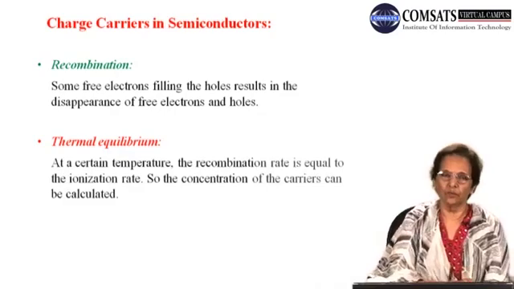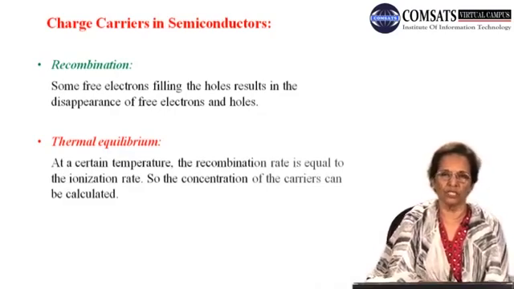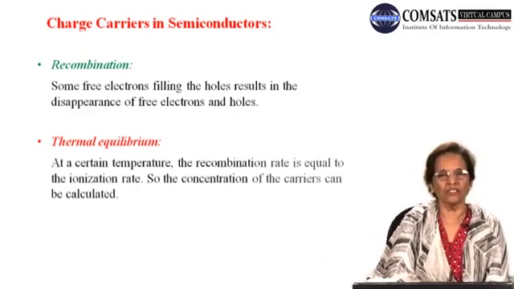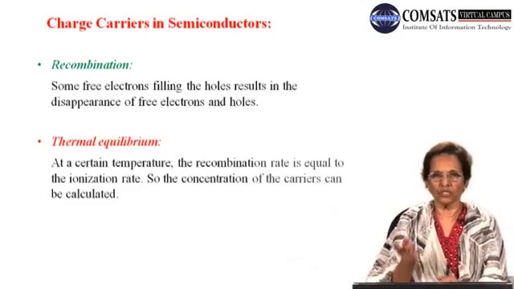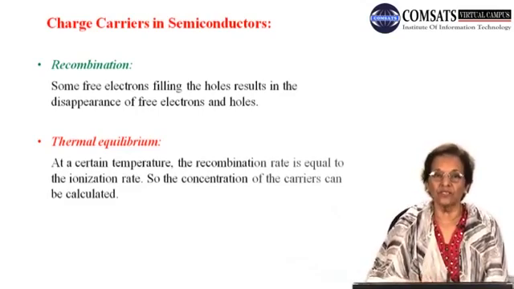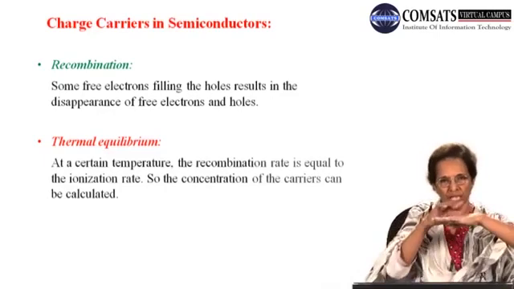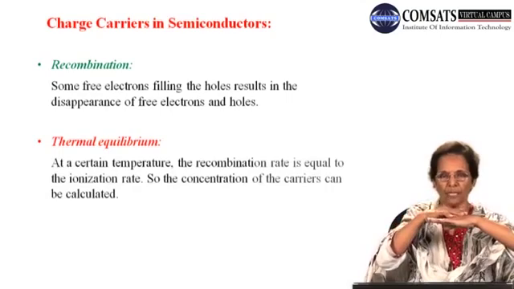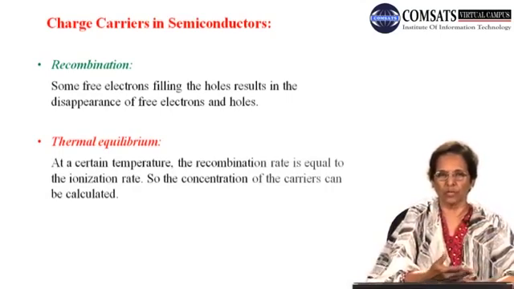In this slide, what you see is another process taking place in the same silicon at the same temperature, which is the reverse of thermal generation. That is, free electrons now jump back from the conduction band into the valence band.